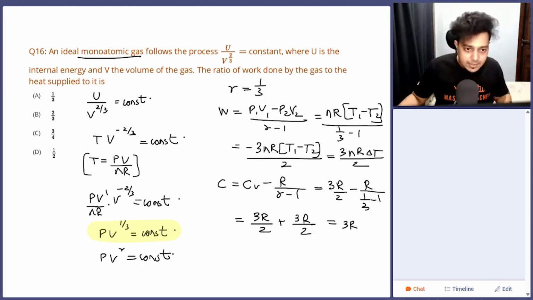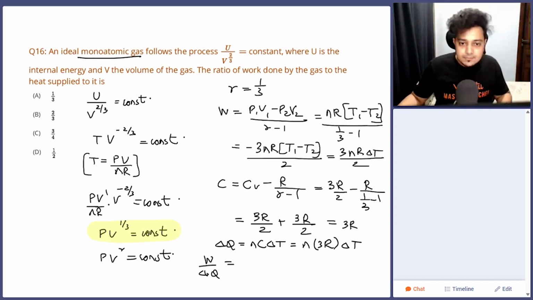So now we can calculate delta Q. Delta Q is equal to nC delta T, so that is n into 3R into delta T. Now comes the time of the ratio, to get the ratio of work done to heat supplied.